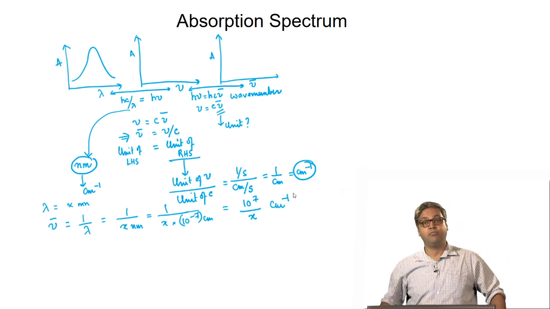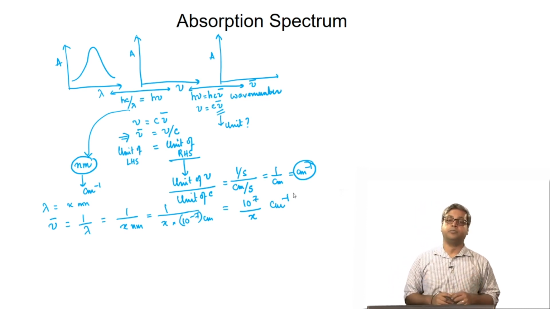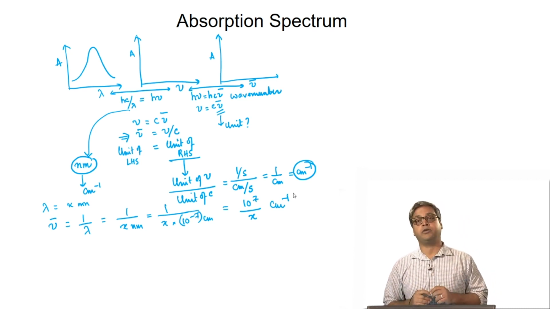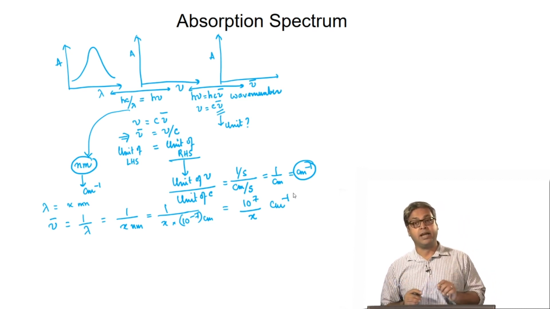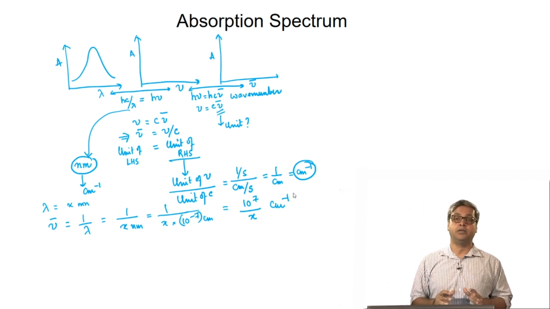Later, we will discuss different forms of spectroscopy like UV visible spectroscopy, infrared spectroscopy, and microwave spectroscopy, and we will see that we get different spectroscopies depending on the wavelength or frequency of the light interacting with the matter.